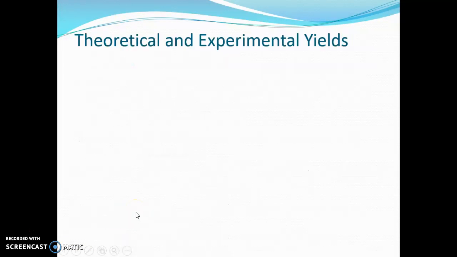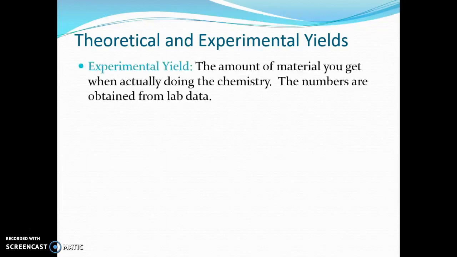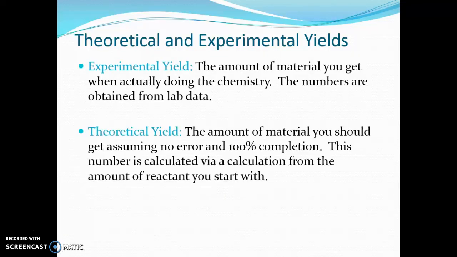All right, another kind of question that you're going to see, theoretical and experimental yields. So the experimental yield, if you remember, is the amount of material you get by actually doing the chemistry in the lab. So data is what's going to give you experimental yield. We made X amount of copper from this experiment.